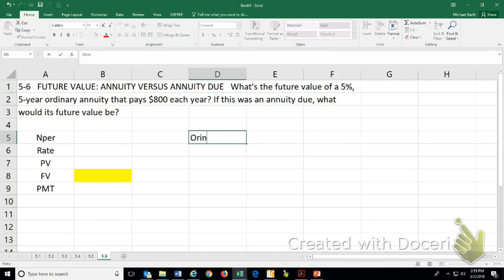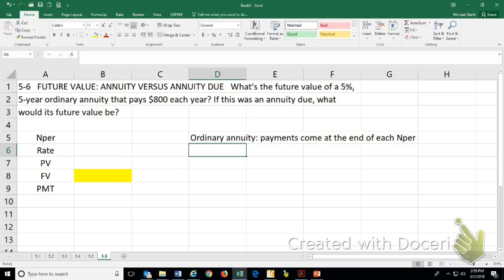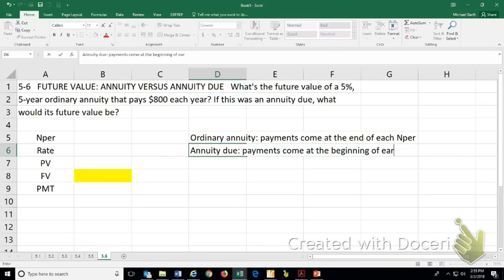The difference between an ordinary annuity and an annuity due. With an ordinary annuity, payments come at the end of each period. With an annuity due, payments come at the beginning of each period.